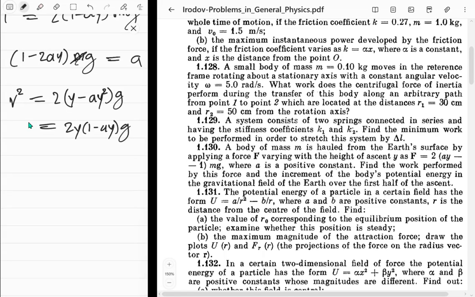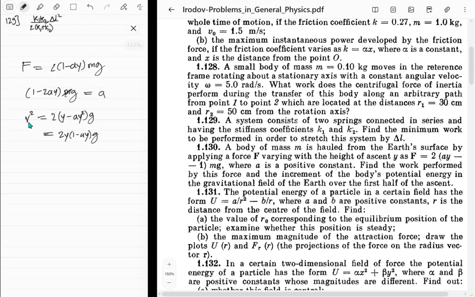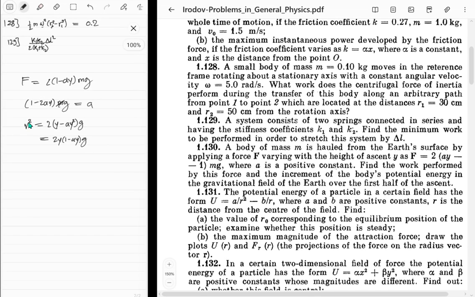Do they mean a distance? Probably. So if this is 130, yes. First half of the ascent, it has to be the time required, yes. Half of the time, because what else would it even mean?